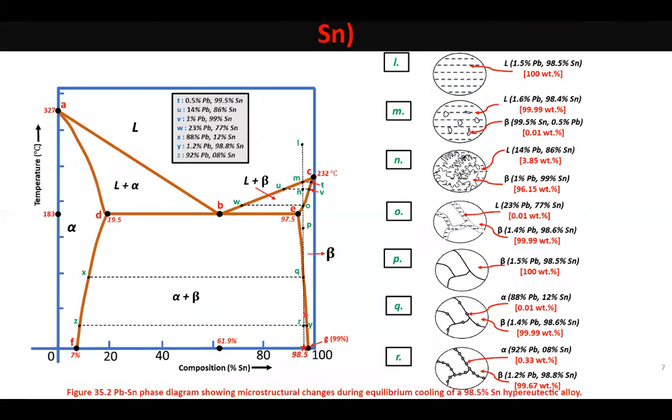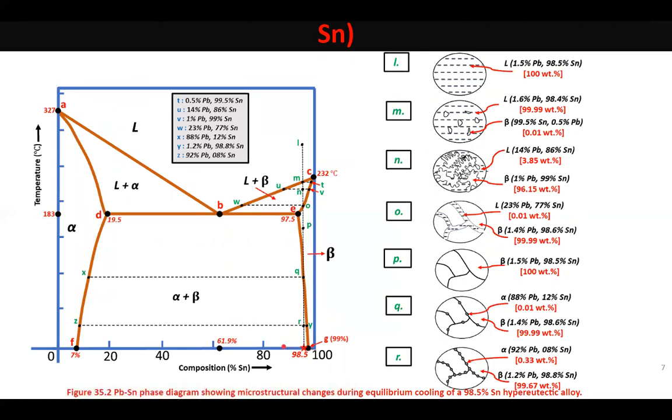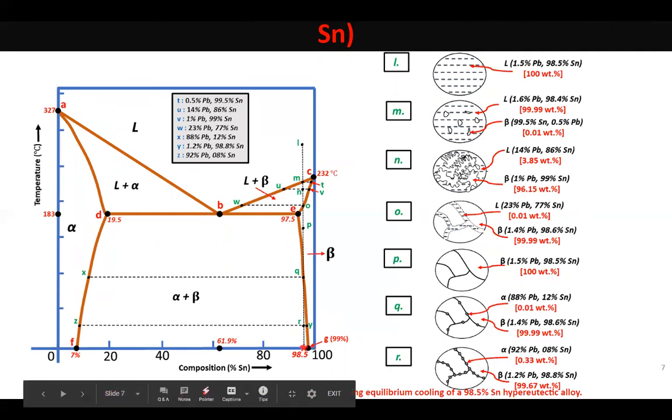Okay, similarly, if you take another hypereutectic alloy of the second category, that is containing tin between 97 to 99%. For your reference, we have taken the example of a hypereutectic alloy which contains about 98% tin.